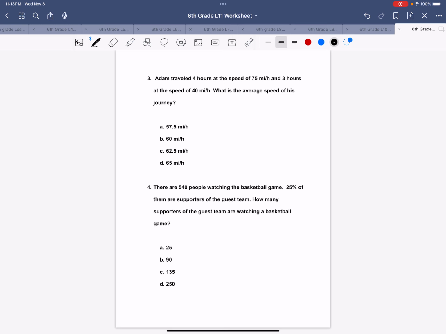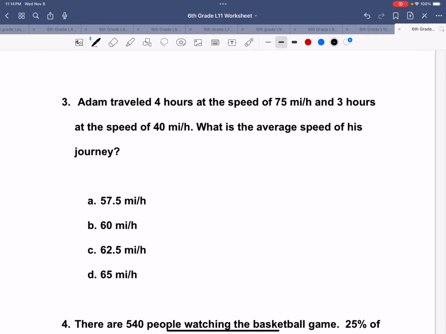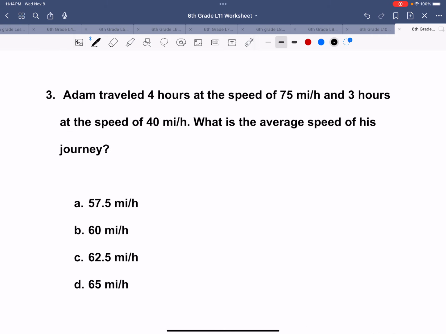Adam traveled 4 hours at the speed of 75 miles per hour and 3 hours at the speed of 40 miles per hour. What is the average speed of his journey? So he traveled 4 hours at the speed of 75 miles per hour.